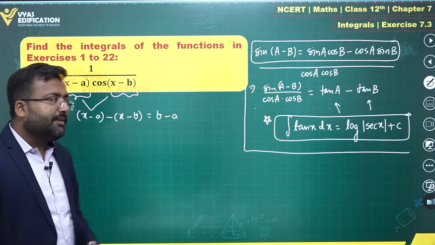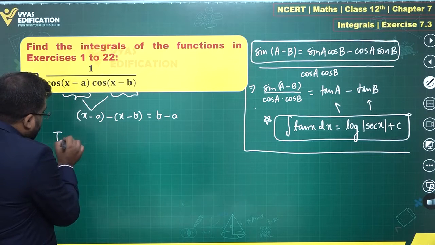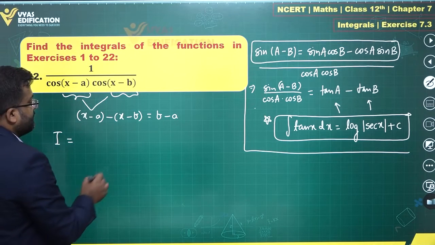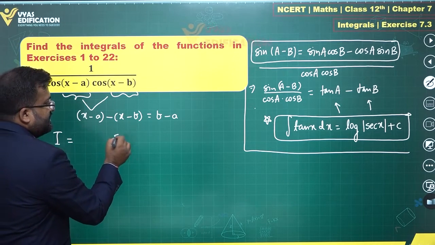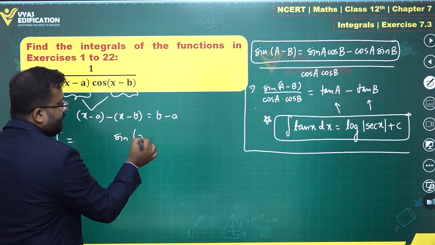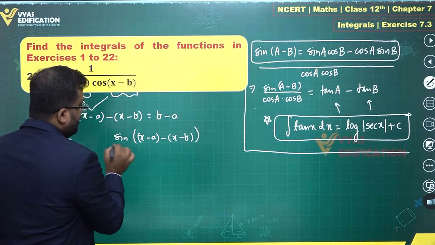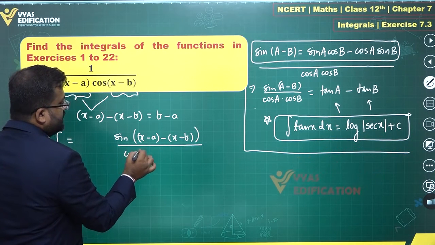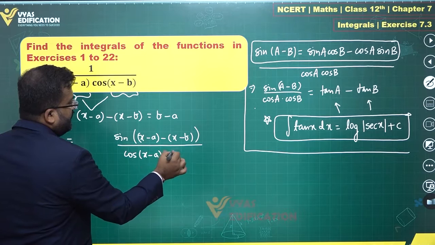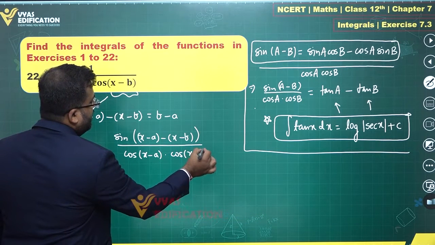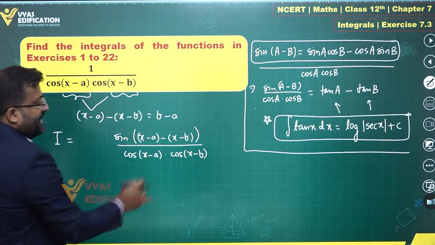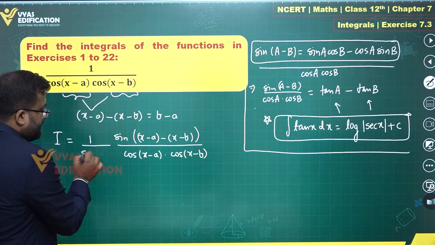That's the important step. So I is equal to, what I do is, I multiply with sine of this difference. In the denominator you have cos of x minus a, cos of x minus b. I multiply with this difference and I divide by that difference.